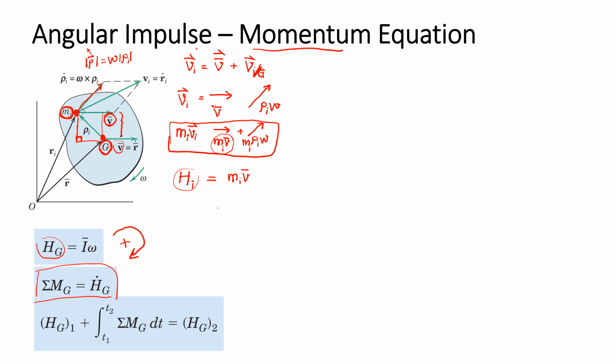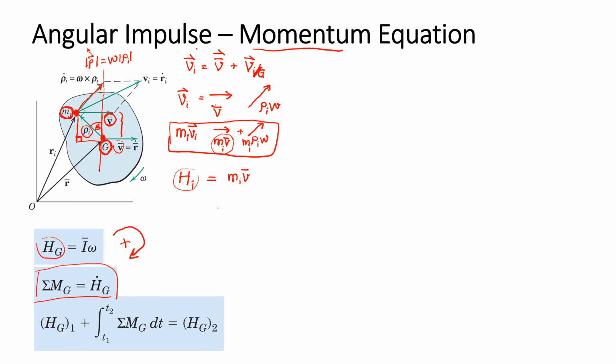We're going to set the beta angle here to explain. The beta angle is the angle that the relative position vector makes with the vertical direction.